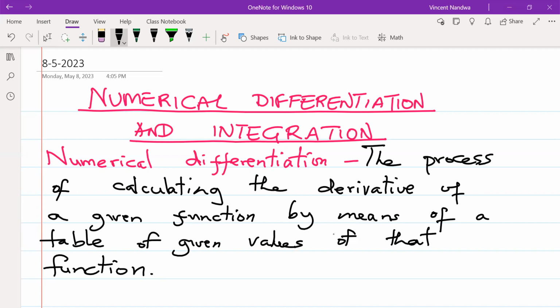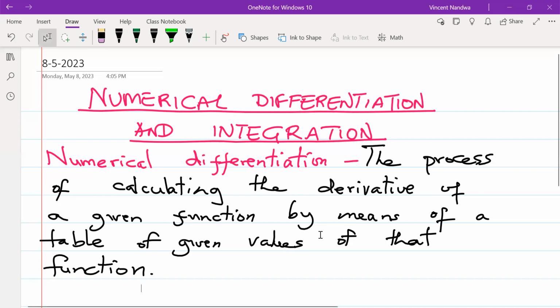And the way we carry out numerical differentiation is the same way we carry out interpolation, in that there are methods based on equally spaced intervals for the values of x, and there are also methods based on unequally spaced values of x.